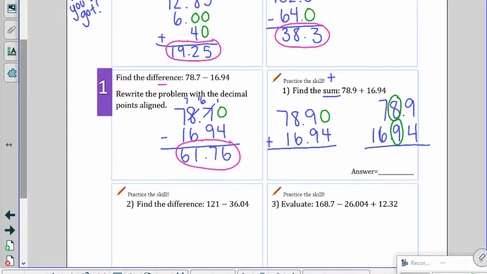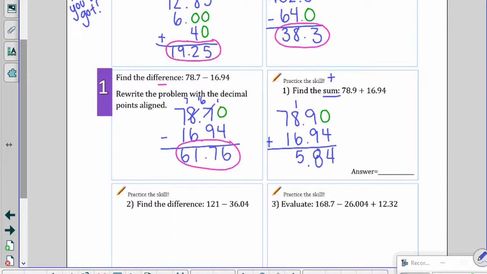All right, looking at our problem, in our hundredths place, we have 0 plus 4 is 4. 9 plus 9 is 18, and let's carry our 1. Don't forget to put our decimal in there. In our ones place, we have 1 plus 8 is 9, plus 6 is 15, and carry our 1.